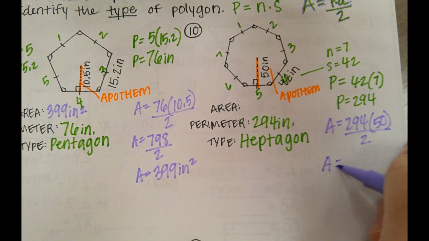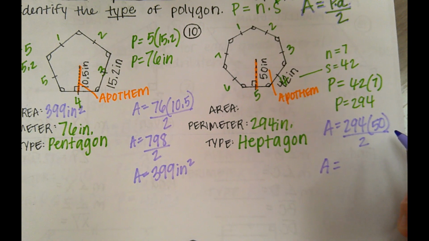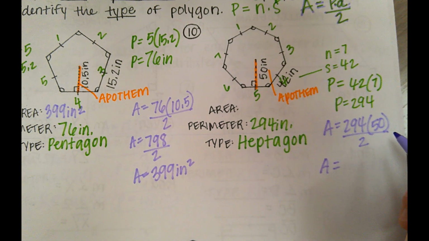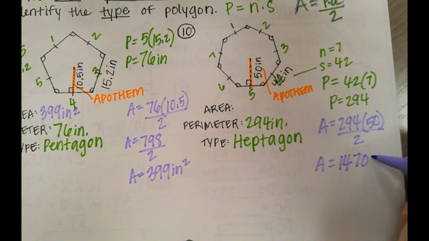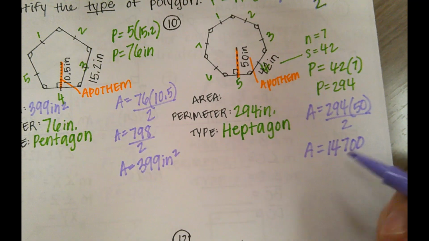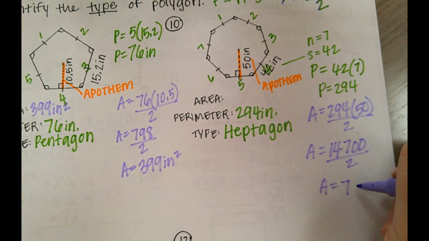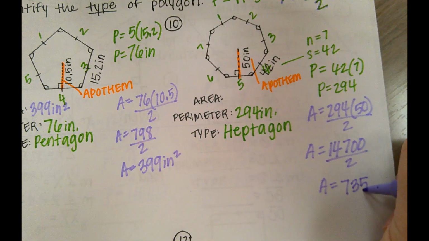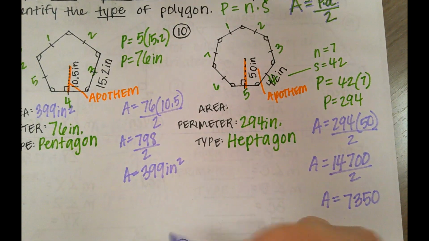Perfect. 14,700 divided by 2 equals 7,350 inches squared.